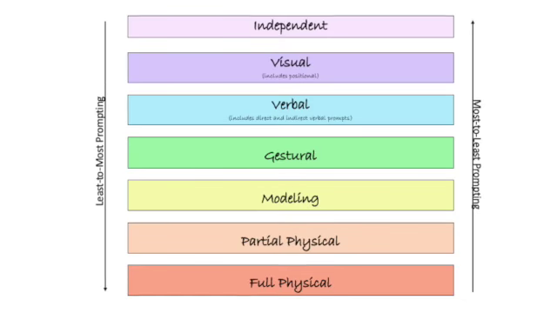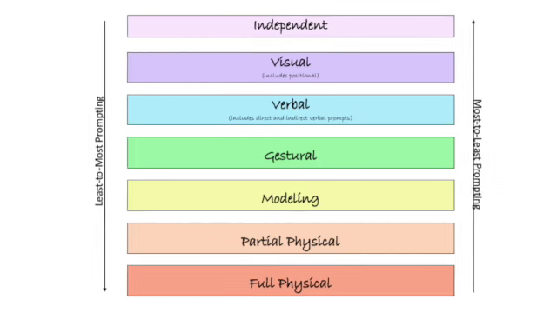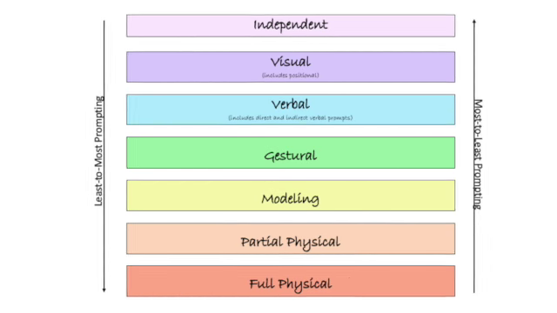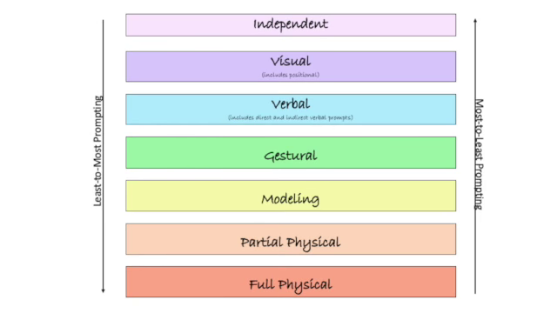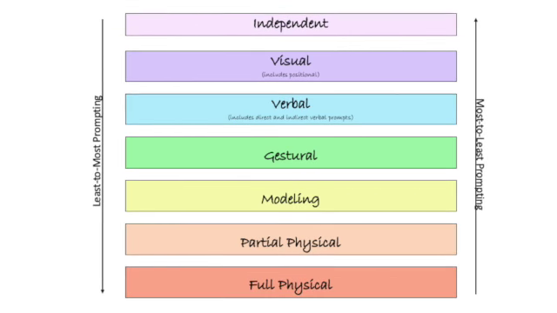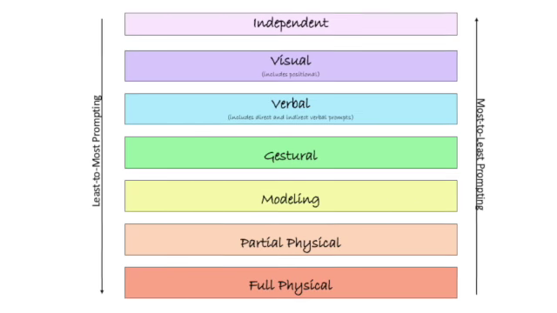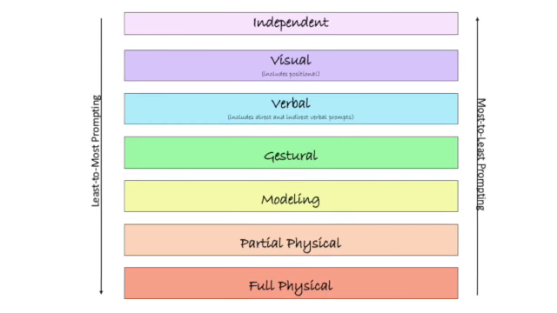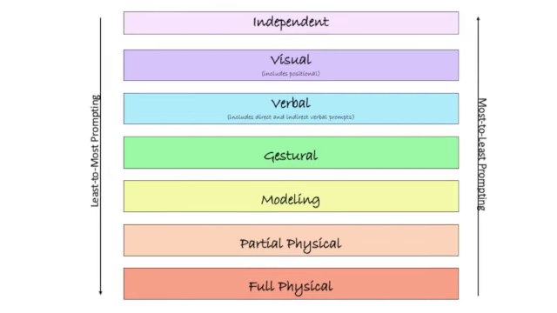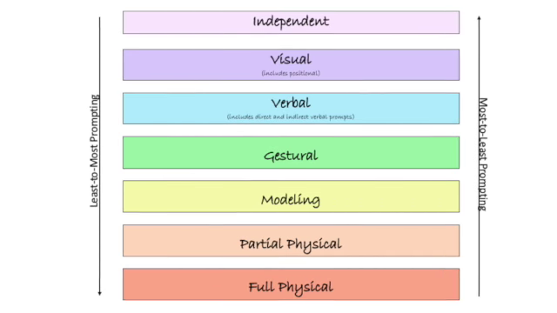This slide being displayed shows all the prompts and the progression of the hierarchy. If you take a look on your right, the arrow is pointing up from full physical, and this is most to least prompting. This is where you would start depending on your prescribed prompt and start at a full physical, partial physical, and continue going on.